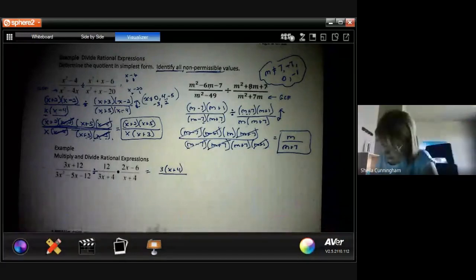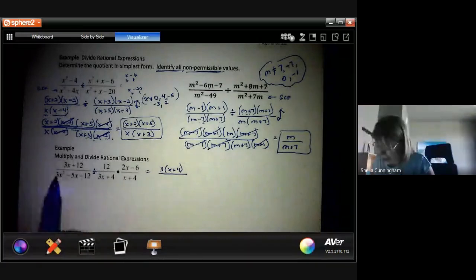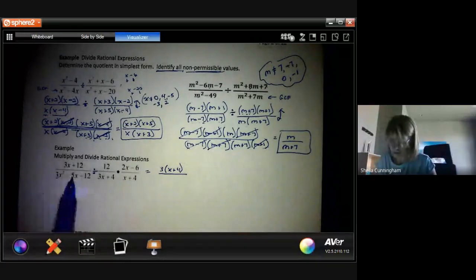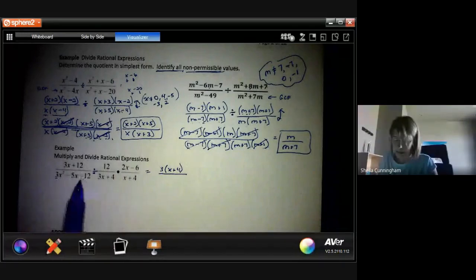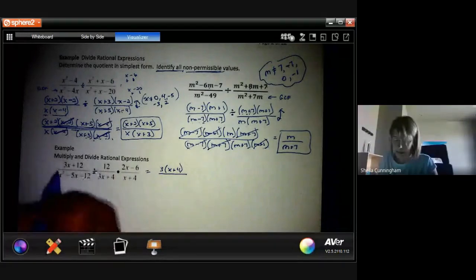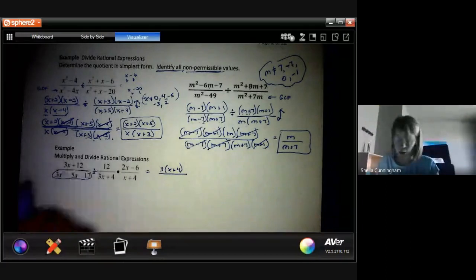Okay, so you've got 3x squared minus 5x minus 12. Because you're dealing with a value in front of your x squared, and it's looking like I can't take a greatest common factor of 3 out of this, I'm going to have to factor this by either box method or airplane method, right?